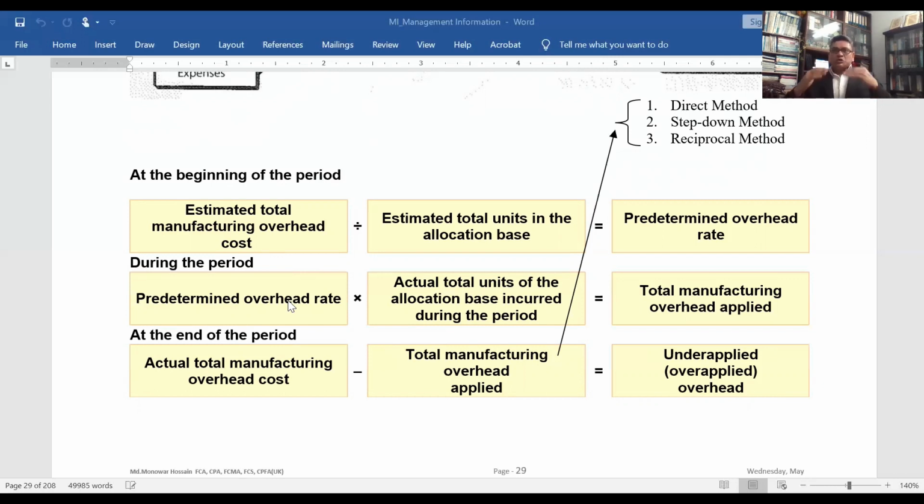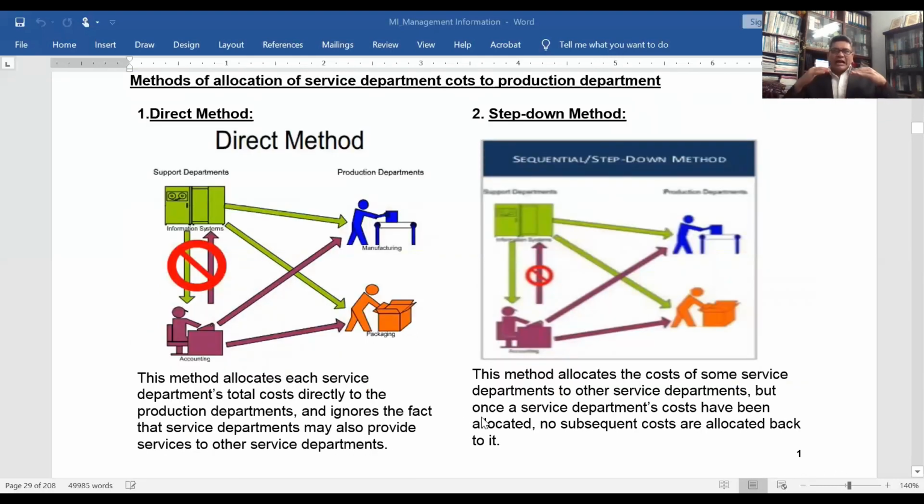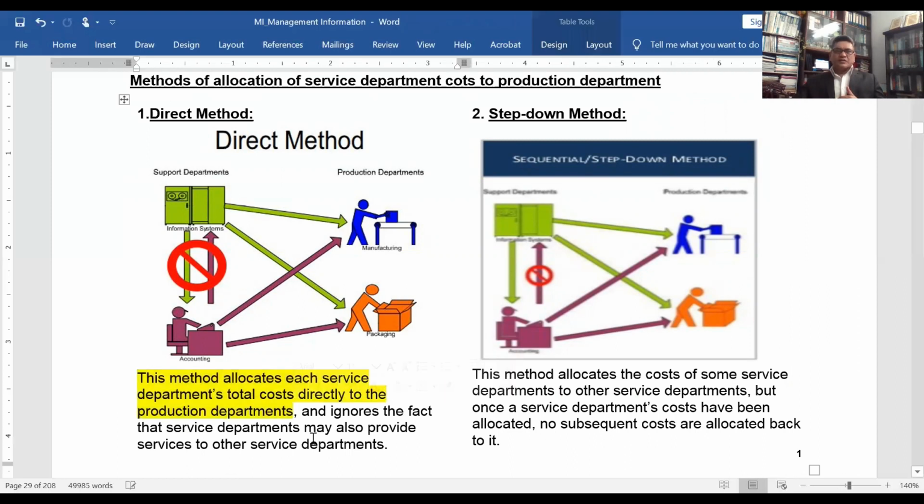Allocating the overhead to find out the unit cost, there are 3 methods: direct method, step-down method, reciprocal method. So what is the direct method? This method allocates each service department's total cost directly to the production departments, and ignores the fact that the service department may also provide services to other service departments.